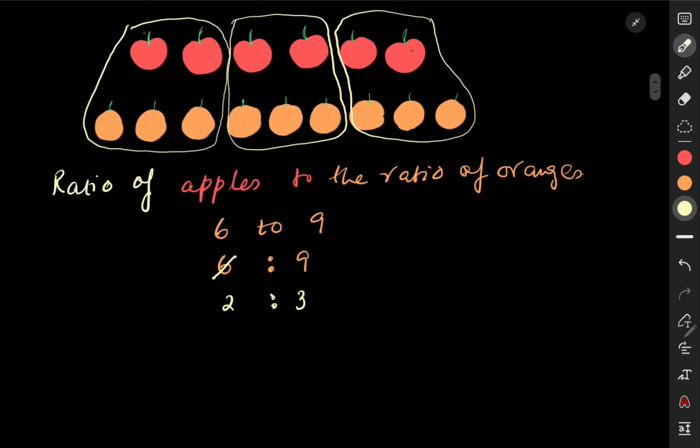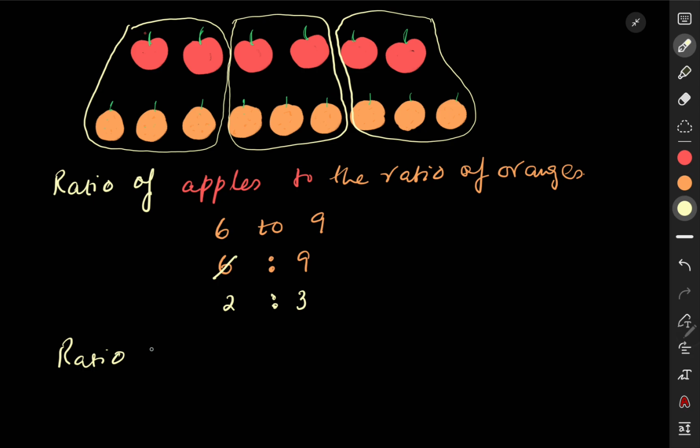Now if we change the things and write the ratio of oranges, first we exchange the things.